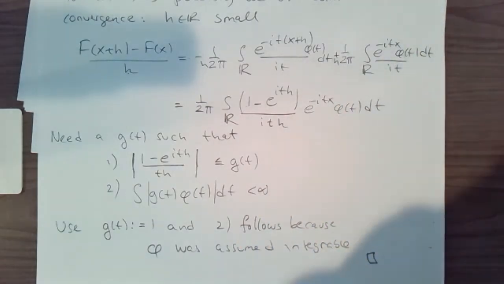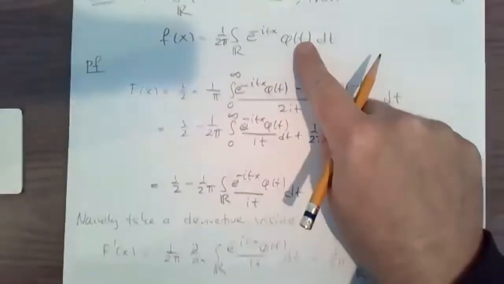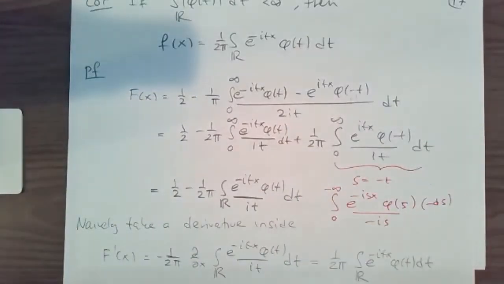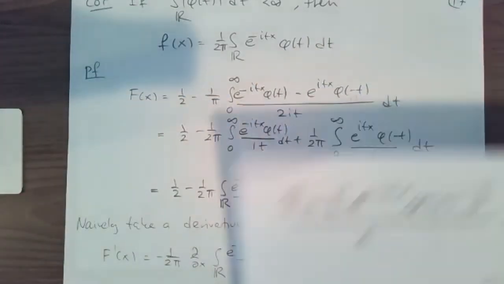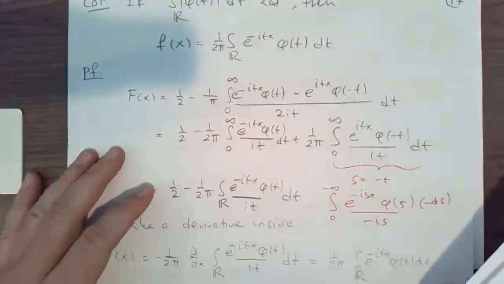So this was a lot. I get that this is a lot to take in, but we have now established a general formula, and then we established this specific formula for the relationship between the density and the characteristic function when the characteristic function is integrable.